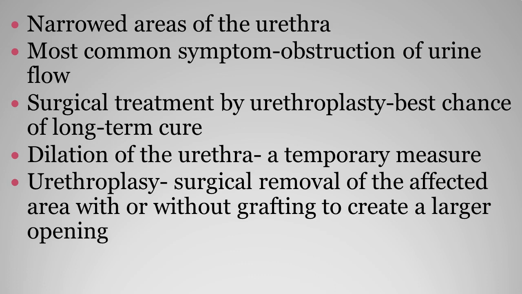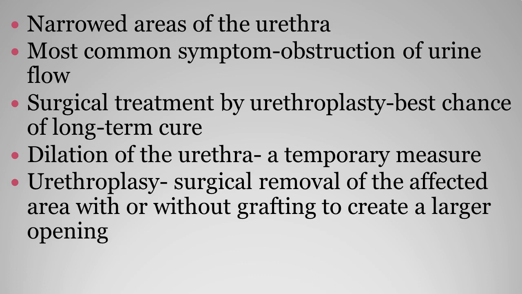disorder. They can put a stent in, and also urethroplasties, which is the best chance of long-term care. So that's all a urethral stricture is about. Why do they occur?